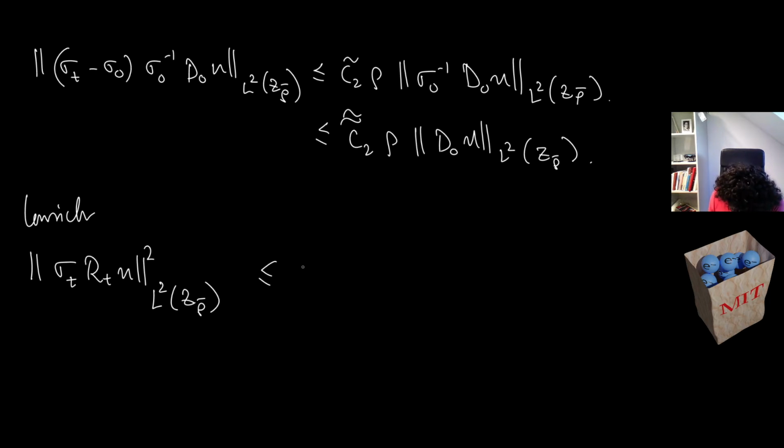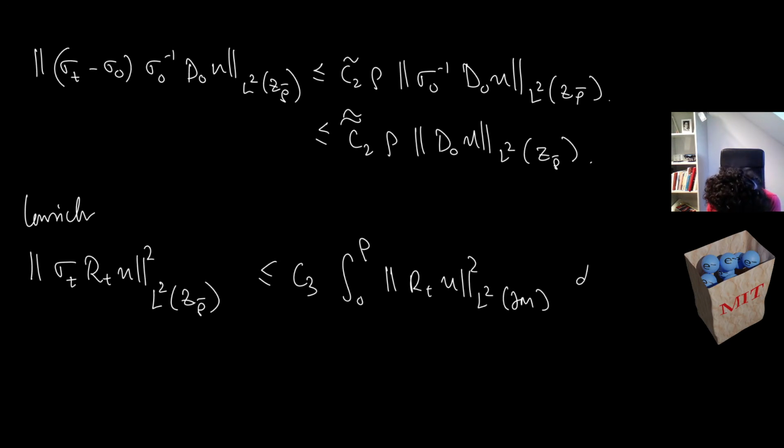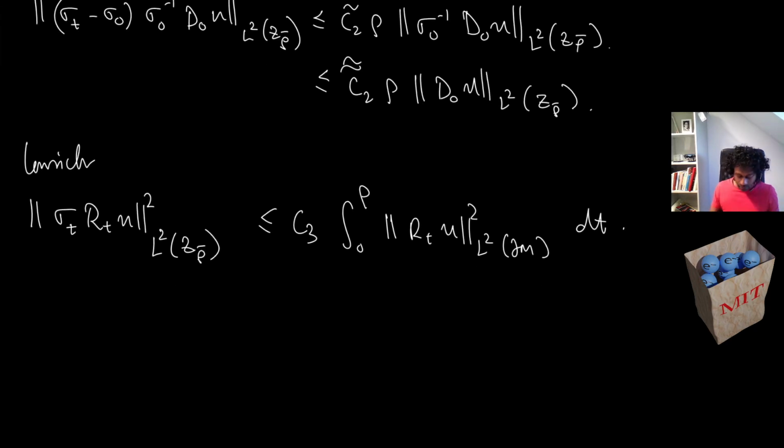I can call the constant C3, say. So now this is going to be 0 to rho RTU squared L2. Now this is the L2 on the boundary dt, right? So this is what the L2 norm looks like. The constant C3 arises from taking the operator norm of the sigma t and taking a sup inside the cylinder.